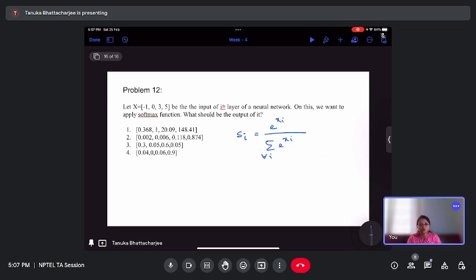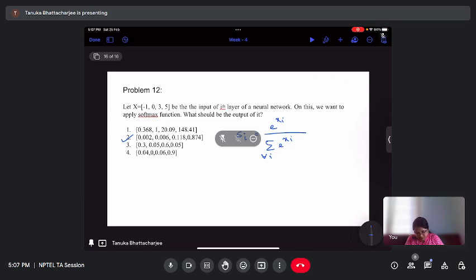So, what will be the answer for this? 2. Yeah, 2 is the correct answer for this. I am not computing it. You can just compute and cross verify. 2 will be the softmax output for this function. If we add, it should come to 1, right? It should come to 1 as well as, we have the numbers increasing, so the outputs are also increasing.